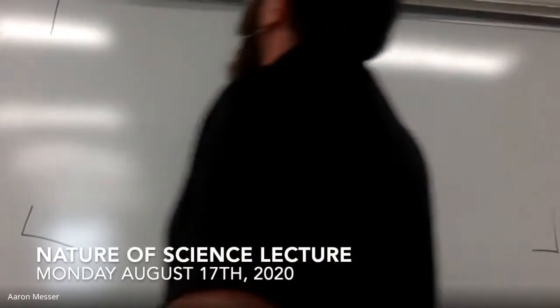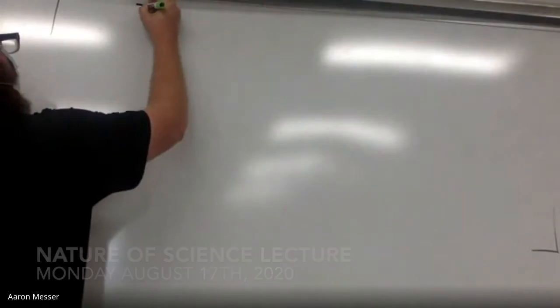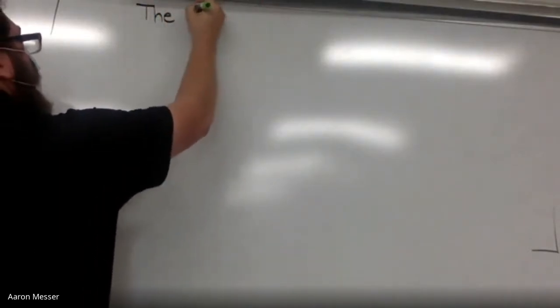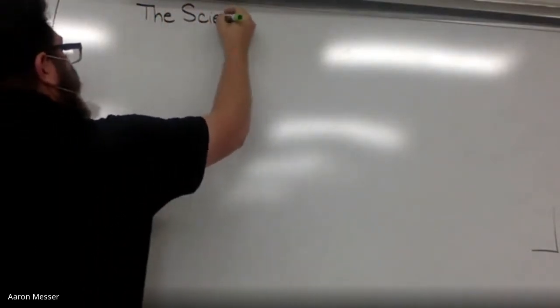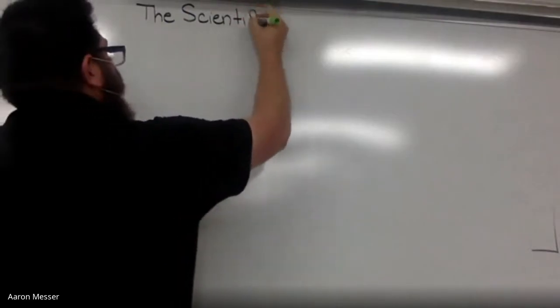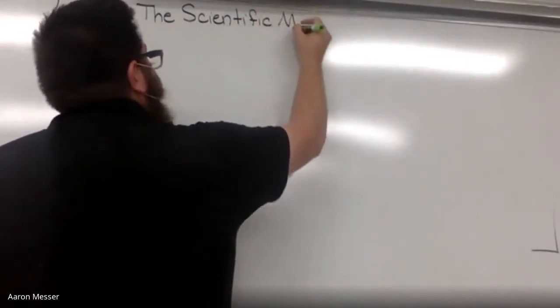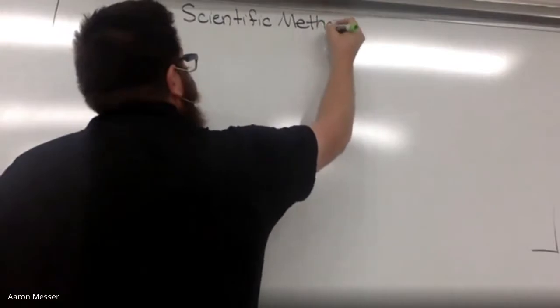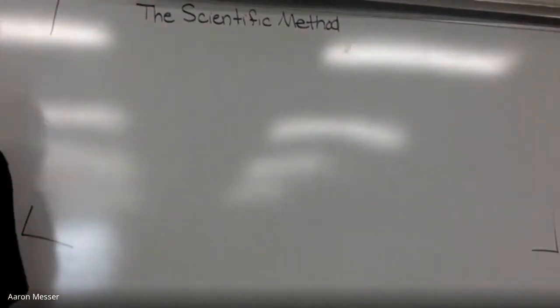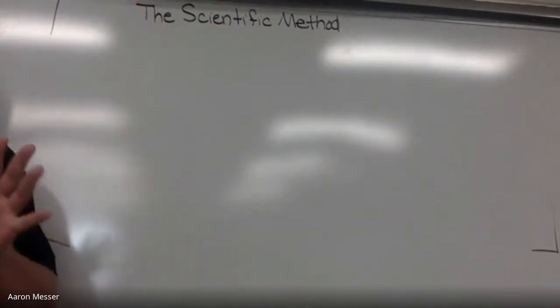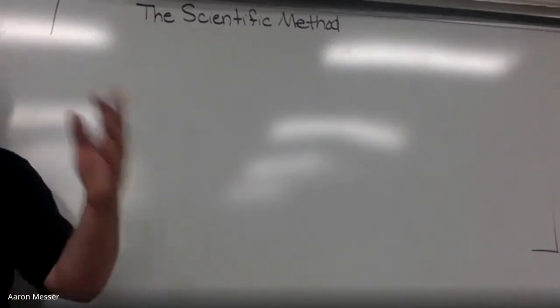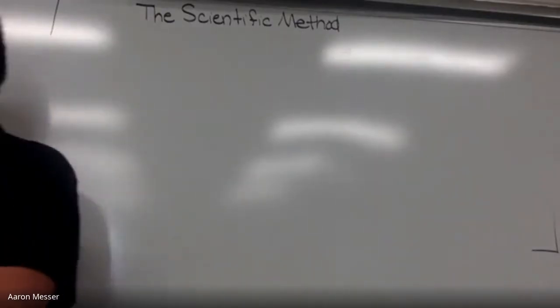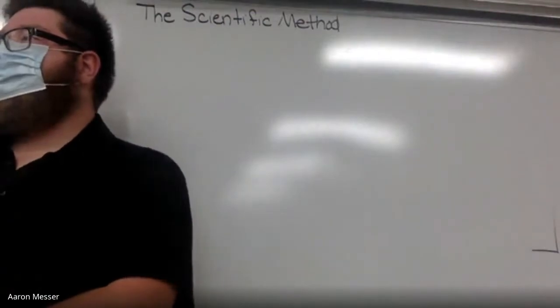Okay, so we are reviewing the scientific method. What's the first step in the scientific method? First thing you've got to do whenever you're going through an experiment. What's the first thing? Remember?